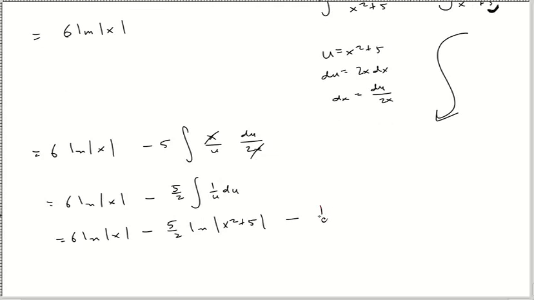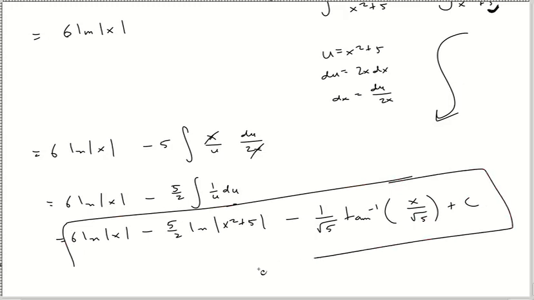And then I have 1 over the square root of 5 arctangent of x over the square root of 5. And then plus c finally. This is not a definite integral. This was an indefinite integral. So plus c, and it's good.